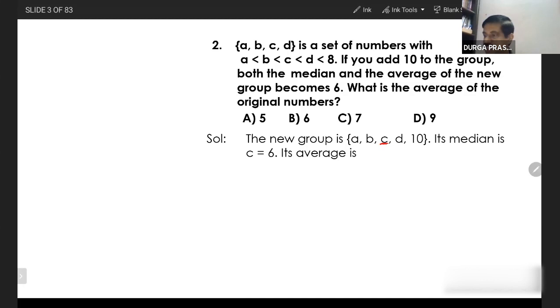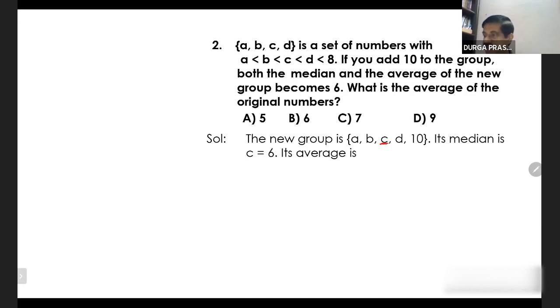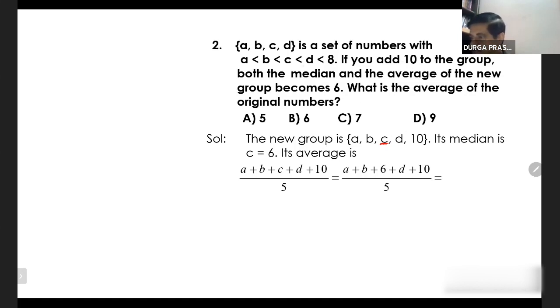So now he is asking to find the average of the original numbers. The average of the original numbers means A plus B plus C plus D by 4. That is what we need to find out. The average of these numbers, A, B, C, D, and 10, what did he say here? Both the median and average of the new group become 6.